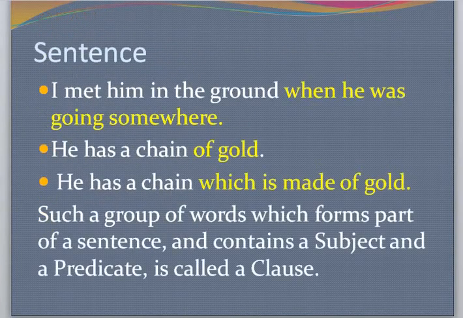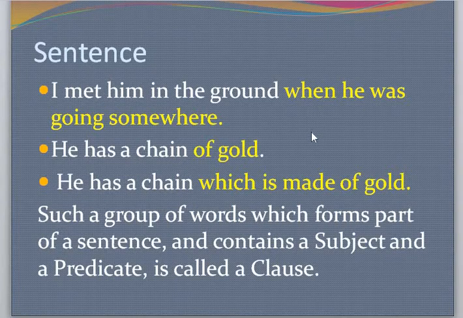Well, let me explain the types, dependent and independent clauses, with examples of sentences. So, first sentence: I met him in the ground when he was going somewhere. Now we will analyze this sentence keeping in mind the dependent and independent clauses. But let me tell you first the definition of independent and dependent clause.